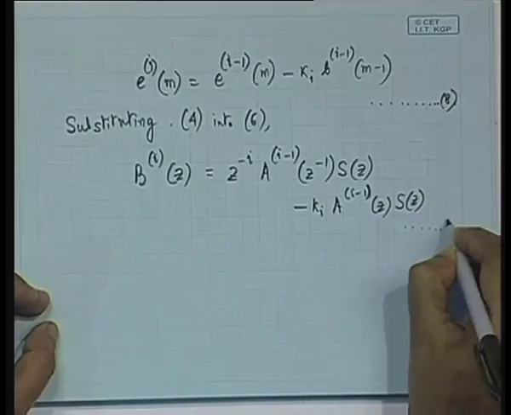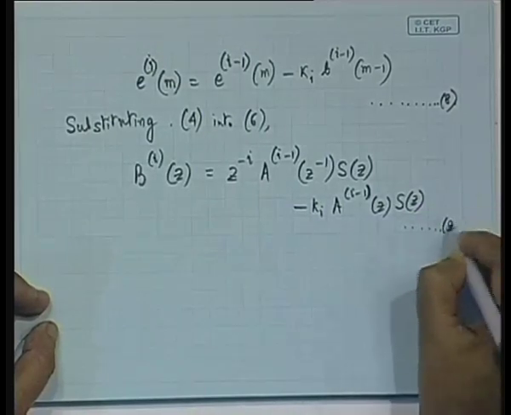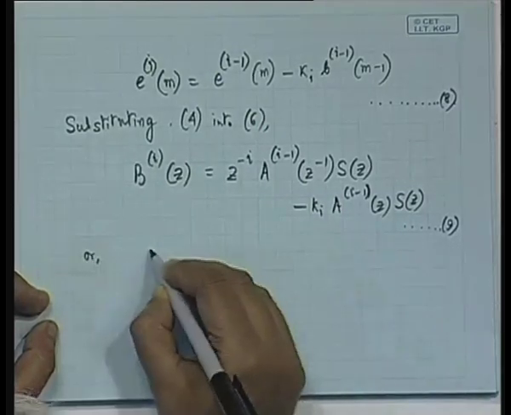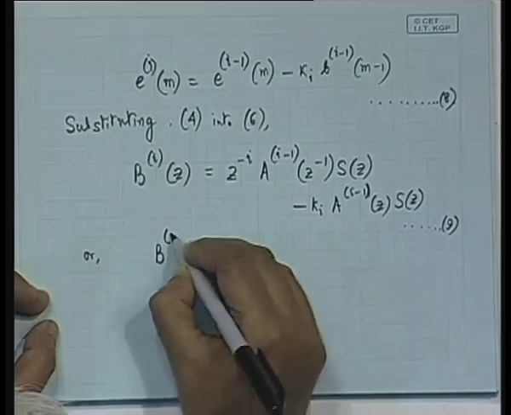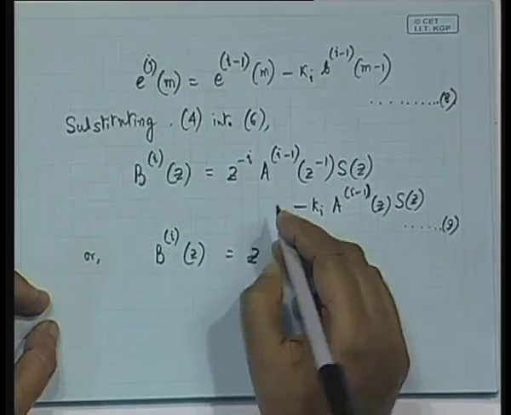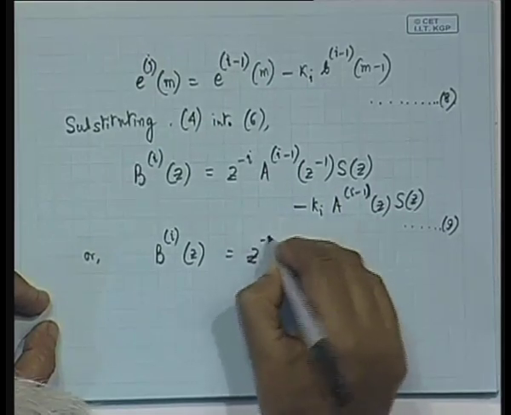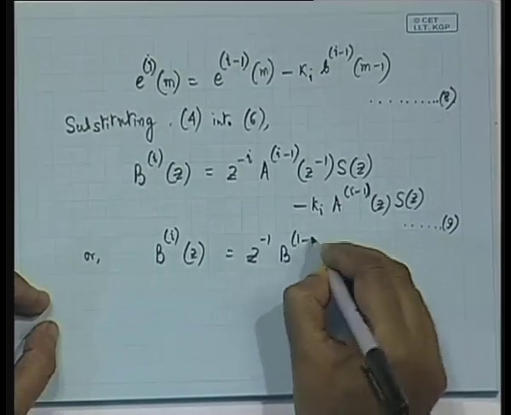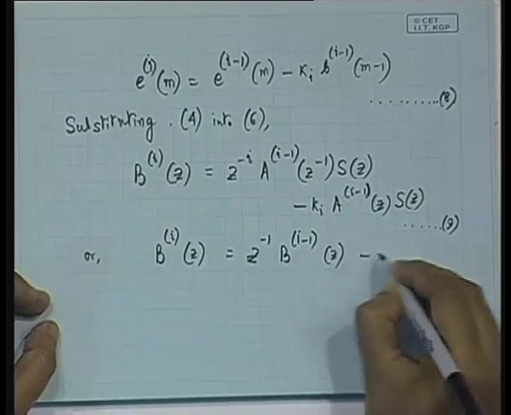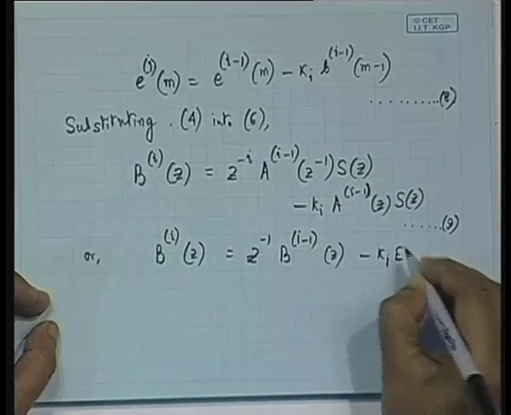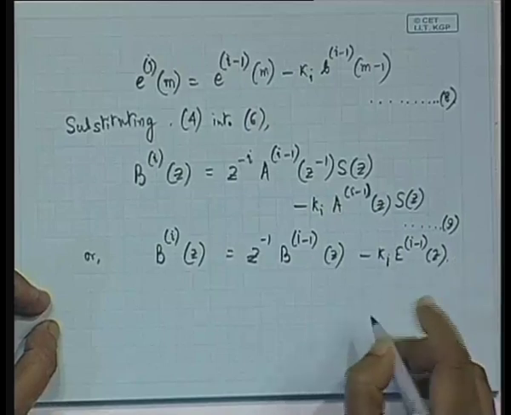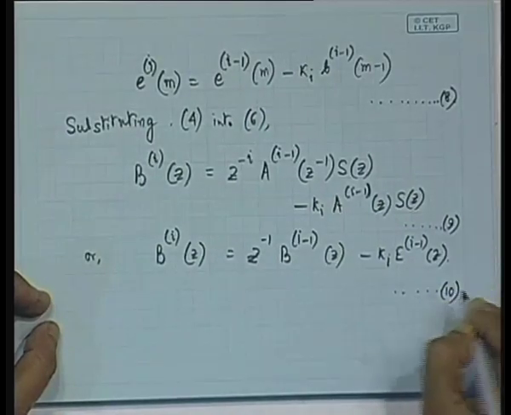we are going to call this equation number 9. It could be written, in a better form, as b i of z equal to z to the power minus 1 into b I minus 1 z minus k I e I minus 1 z. By simplification it is possible to show this. This we are going to call equation number 10.